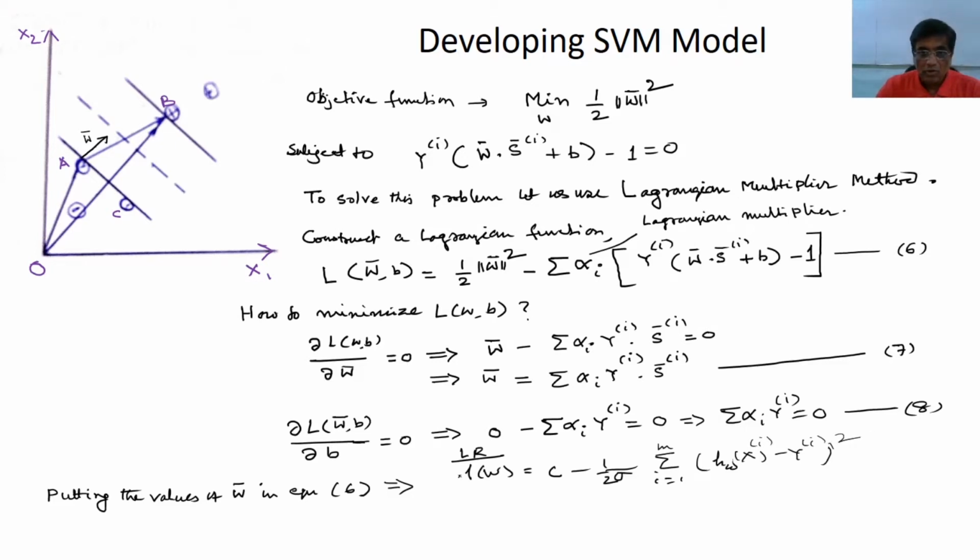We are trying to maximize this likelihood function L(W), which turns out to be some constant minus this. Since this is minus, the dual of maximizing it is minimizing this, and from there we got the cost function, if you remember.